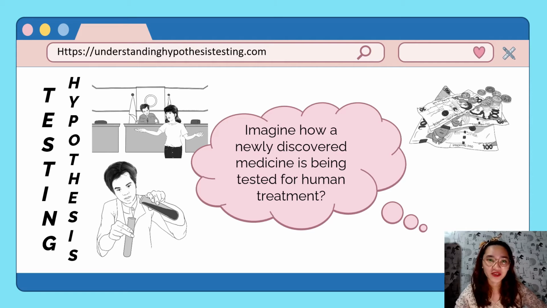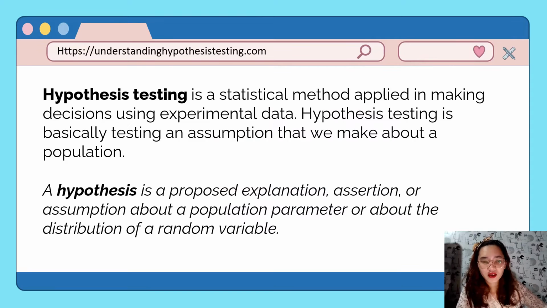Let's begin by defining what is hypothesis testing. Hypothesis testing is a statistical method applied in making decisions using experimental data. It is basically testing an assumption that we make about a population. So it is generally known as our decision-making process for evaluating our claims or these assumptions about a population based on the characteristics of a sample purportedly coming from that population.